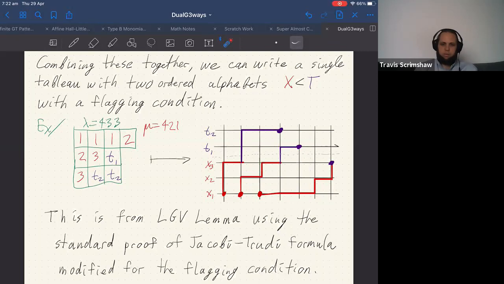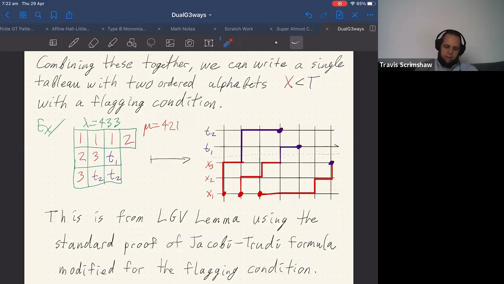And the Lindstrom-Gessel-Viennot lemma allows us to write this determinant as the non-intersecting lattice paths. And then there's also a standard bijection where, say, the first path corresponds to the first row, where each entry i is a flat step in the ith row.